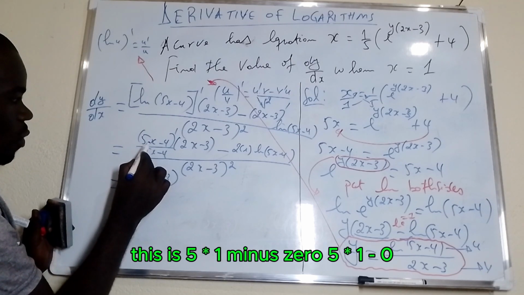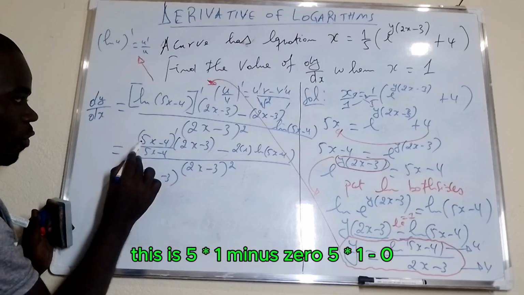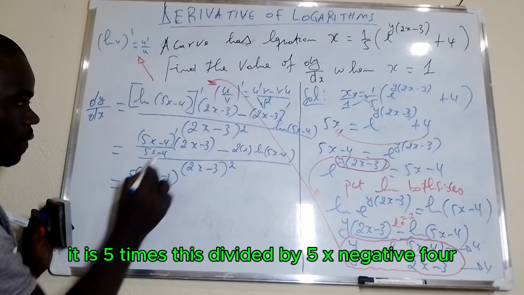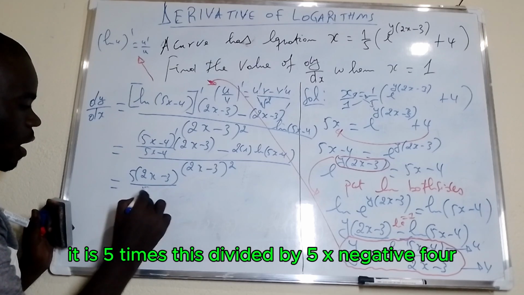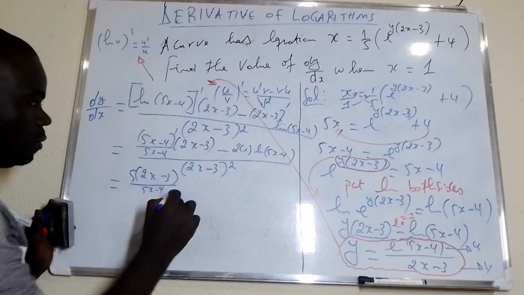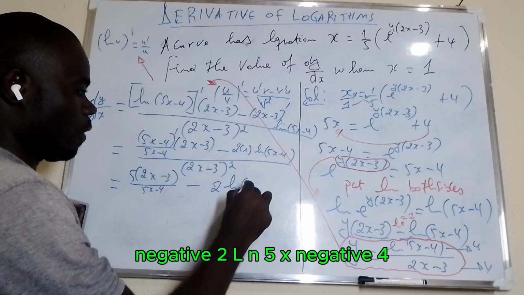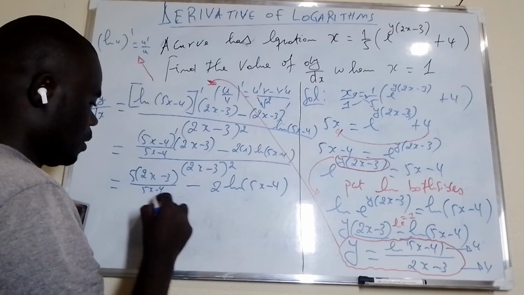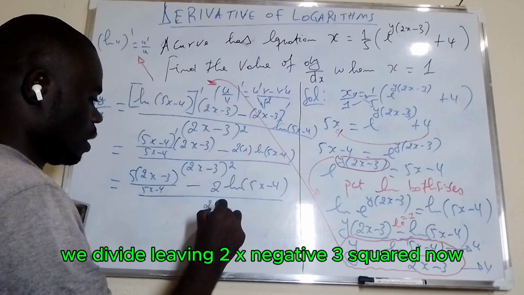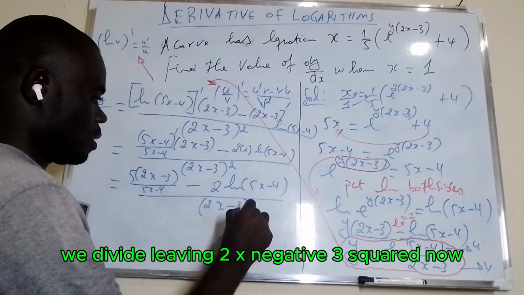This is 5 times 1 minus 0, it is 5 times this, divided with 5x - 4, minus 2 ln(5x - 4). We divide with (2x - 3) squared.